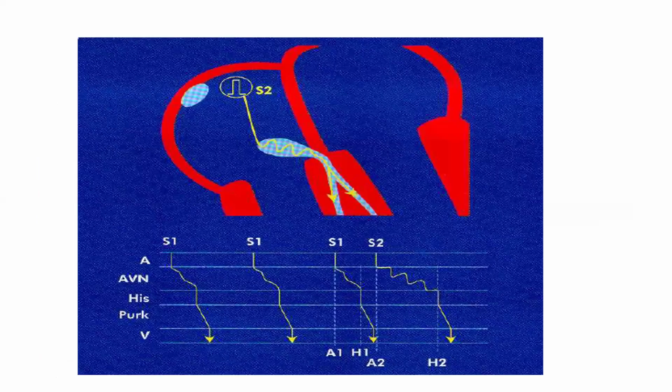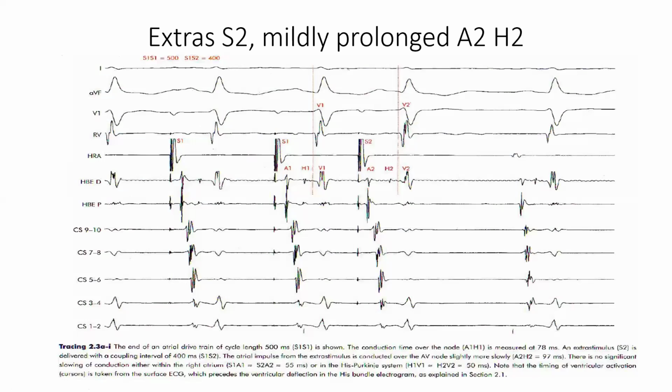So we've discussed this earlier, that we can add single extras, double extras, triple extras by shortening the coupling interval of this pacing rate. That's what is explained here. So for example, you have the pacing at S1, you have your AHV, so that will be A1, H1, V1, and it is paced again.